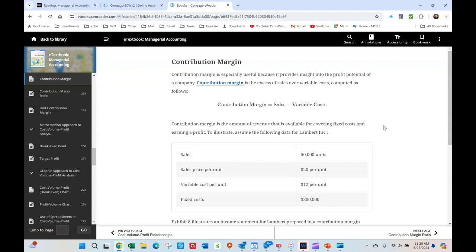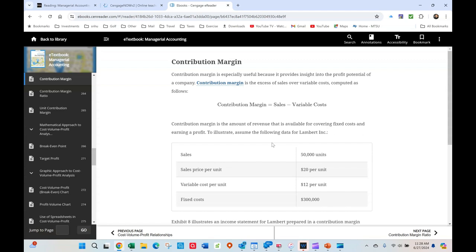So the difference between the selling price and the variable cost is what's called your contribution margin. That's your sales price of $9 minus your variable cost of $5. So the contribution margin on that sandwich could be $4. And I'm just throwing these figures out.